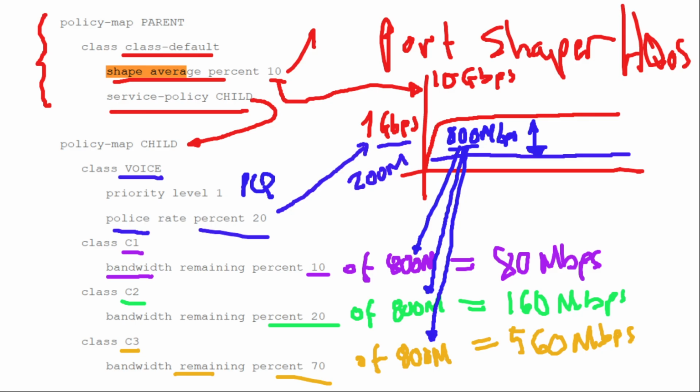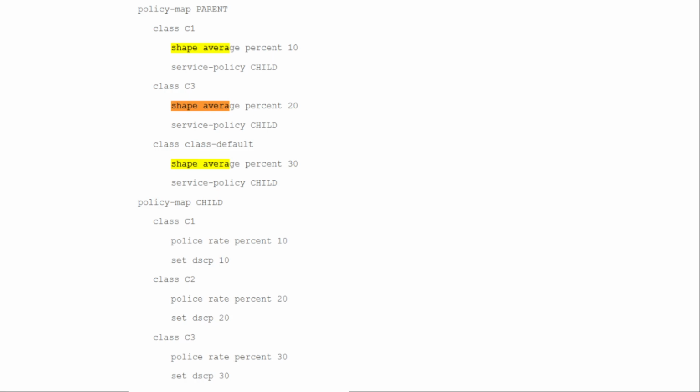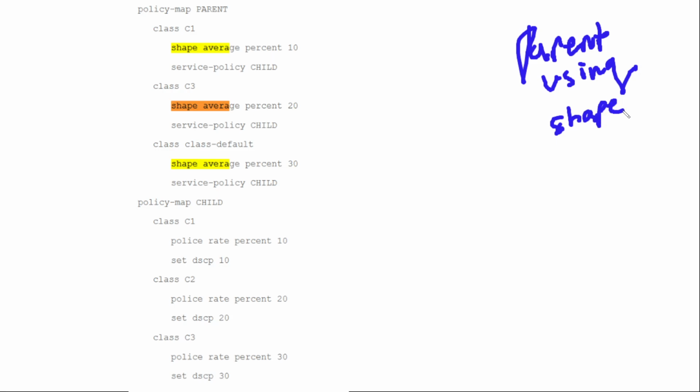Now let's see the most complex shaping feature that is known as parent using shaper. This is also a hierarchical QoS feature.